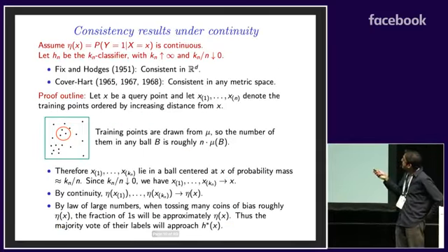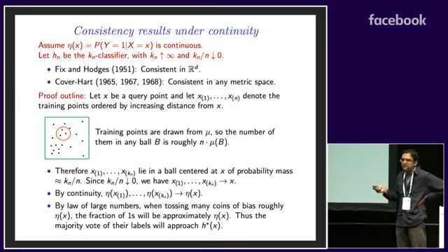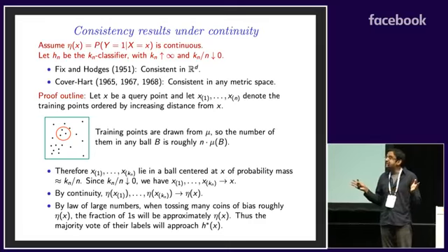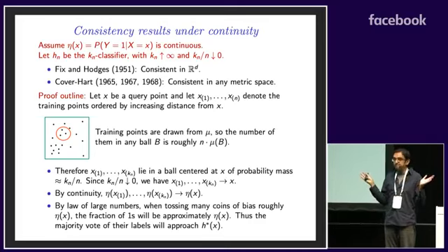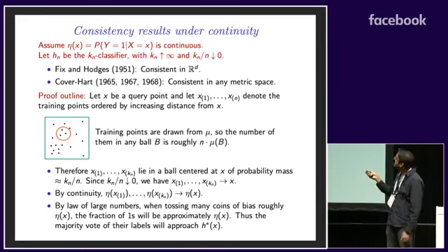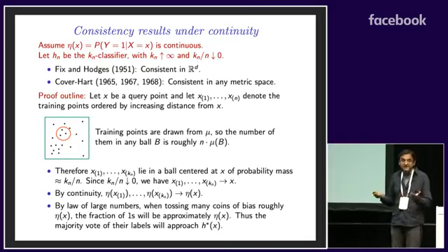Samory went over this argument, essentially from the 1960s, that nearest neighbor is consistent in metric spaces provided this eta function is continuous. So if this conditional probability function, this coin toss probability, is continuous, if similar points close together have similar coin toss probabilities, then nearest neighbor is in fact consistent in metric spaces.